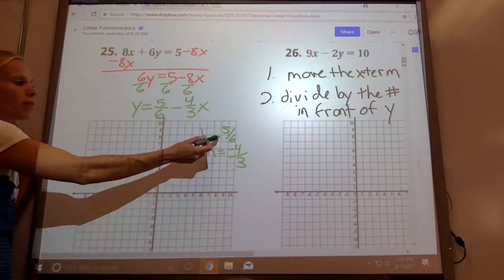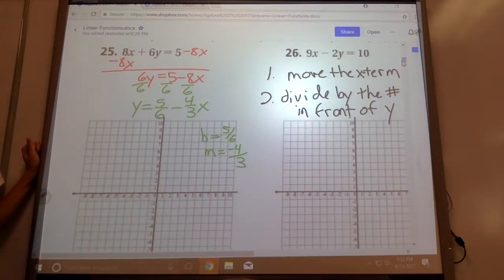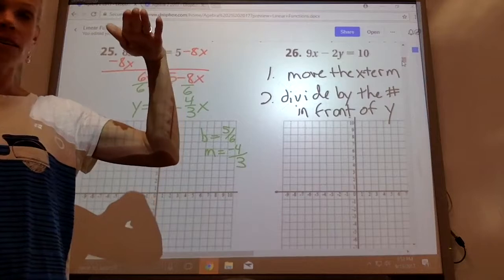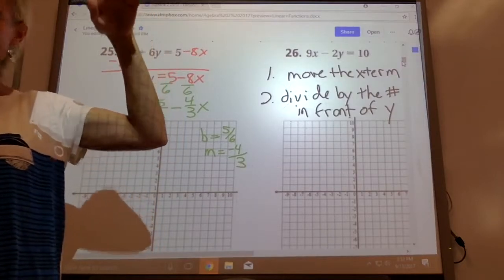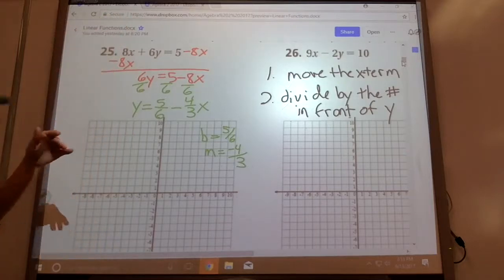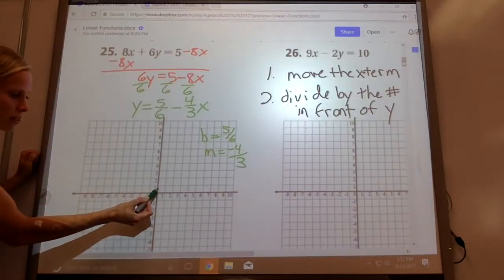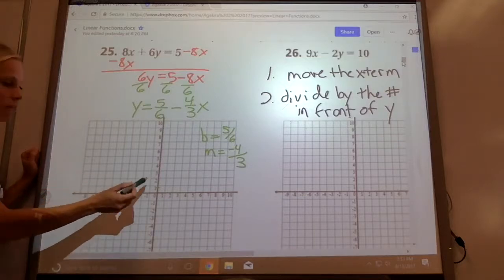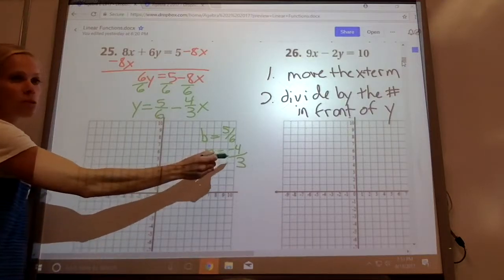So how in the world do I graph 5/6? We know 6/6 is 1, so 5/6 is going to be just short of 1, right? 6/6 is 1, so 5/6 is just going to be right below the 1. And then from that point, I do the slope.